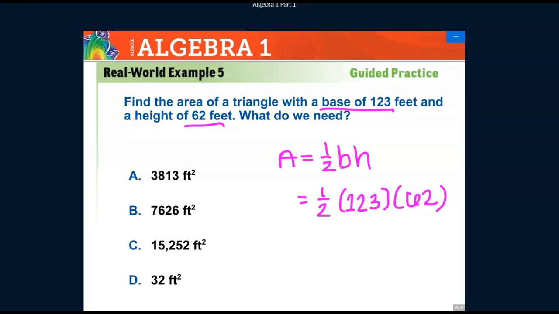Okay, how many got A? How many got B? C? D? Only 3 of you voted. A. Yes, it is A. Got it.